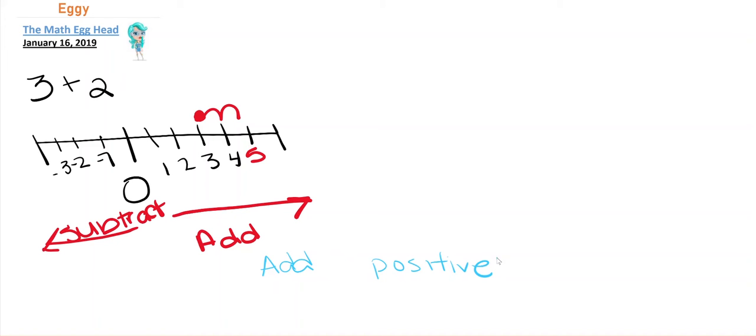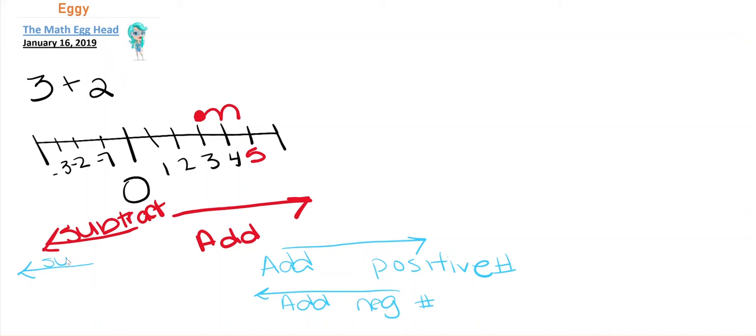And the number 2 is positive. We don't see a plus sign, but we assume that 2 is positive because if it's negative, it will have that symbol. So when you're adding a positive number, you keep going to the right of the number line or the right of 0. And when you're adding a negative number, you go to the left of 0.